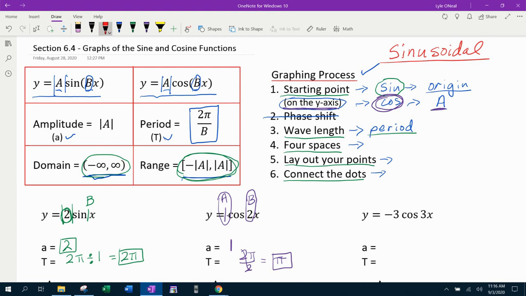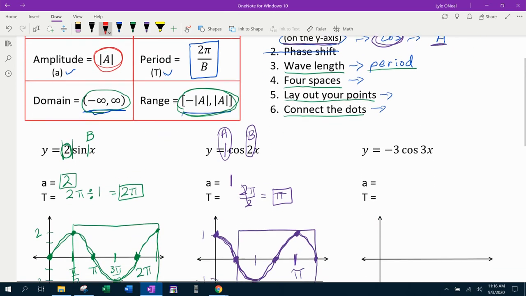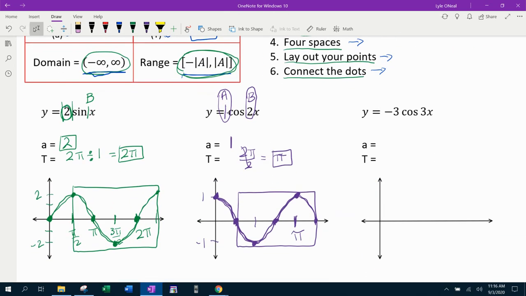Sine and cosine are the only two that make a wave. And they're called the sinusoidal functions, okay? As a matter of fact, again, since these make a wave, they're going to be the only trig functions that have an amplitude. Because amplitude means how high does it go and how low does it go. And on these waves, you do have a maximum point and a minimum point, okay?